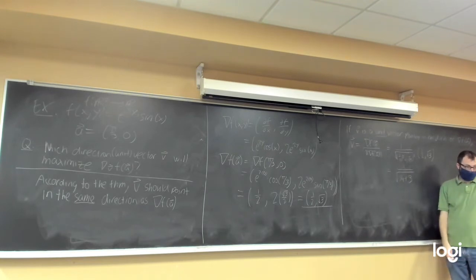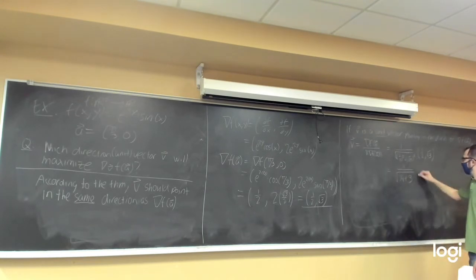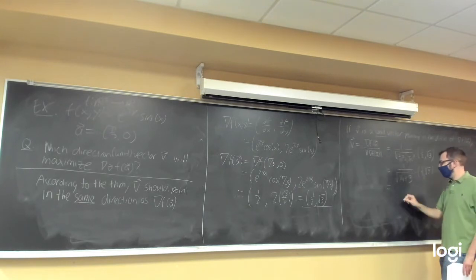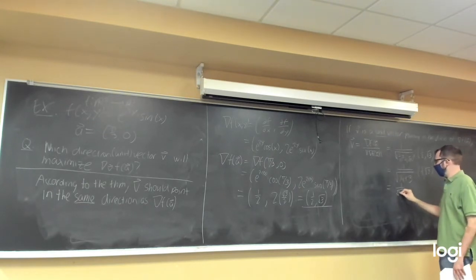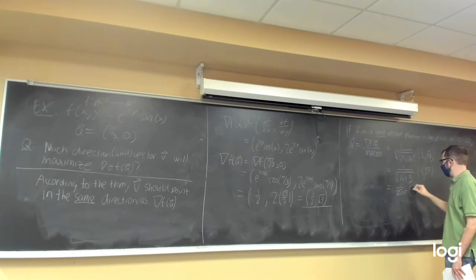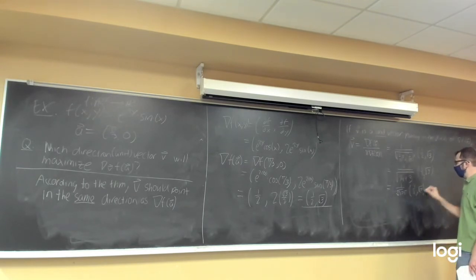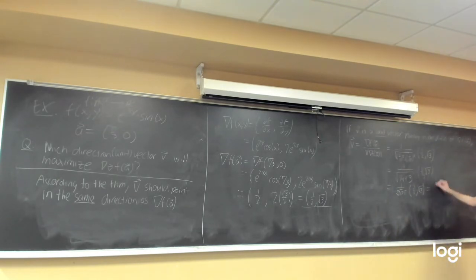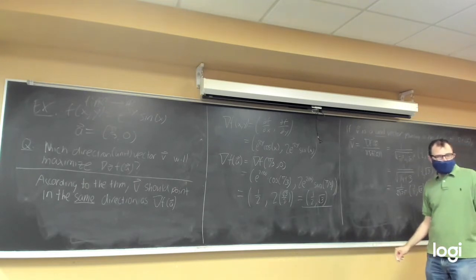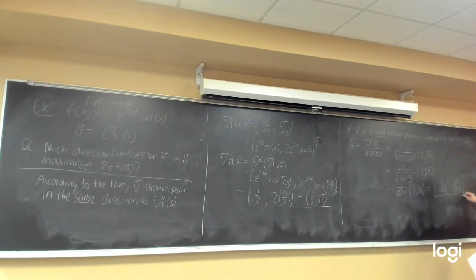Square root of 3 squared is just 3, times 1/2 square root of 3, which will give us 1 over square root of 3.25 times a half comma square root of 3, which in the end will give us 1 over 2 square root of 3.25 comma square root of 3 over square root of 3.25. So that is going to be our direction vector v.